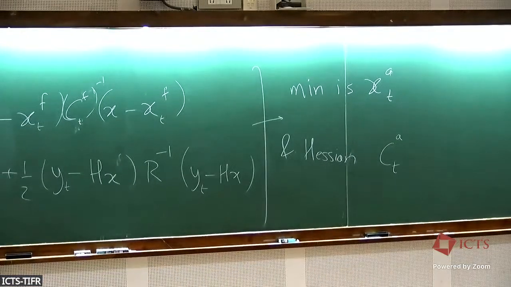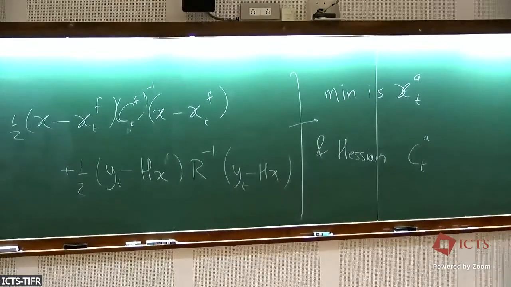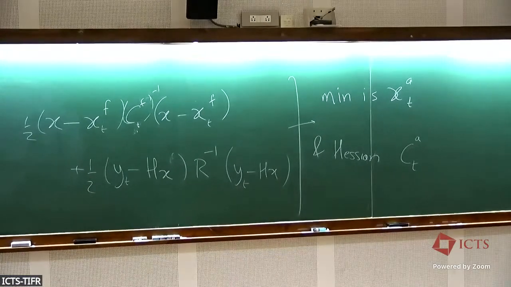If you actually do this in practice, that is, you write this down as a cost function and try to minimize it using some appropriate numerical method, that would be what is called a variational method, clearly, because you are going to use an optimization algorithm to minimize that cost function.